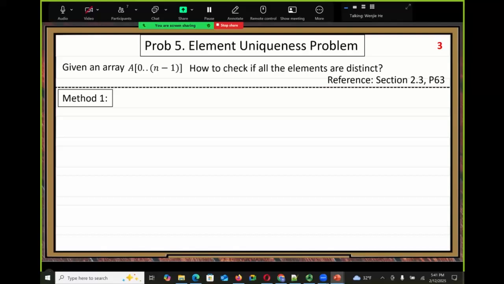Because at the beginning, when we do not understand the problem well, we cannot find some advanced algorithm, because it's very hard to develop an advanced algorithm to solve the problem. So at the beginning, most of the time, what people can do is apply the brute force method to solve the problem.